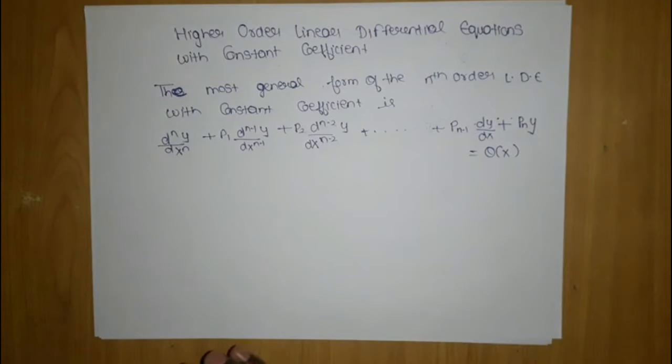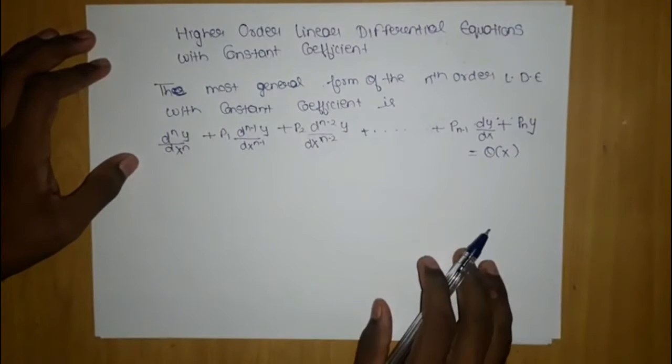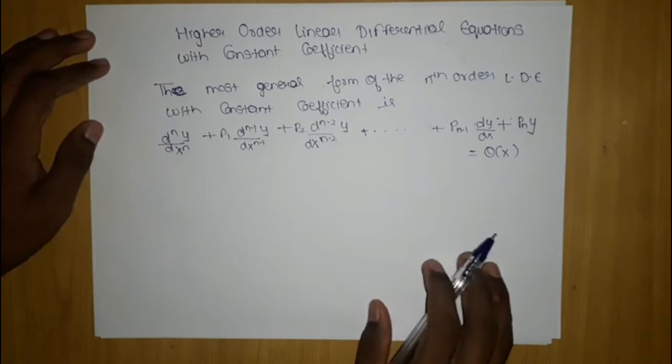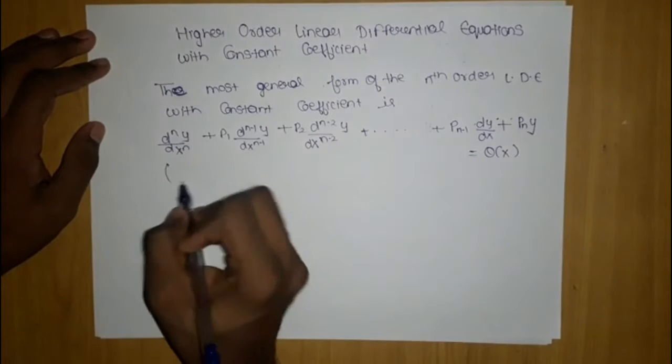And now here what is happening is that the degree of y is always 1 in this equation, so we can take the y outside. So what we are going to get?